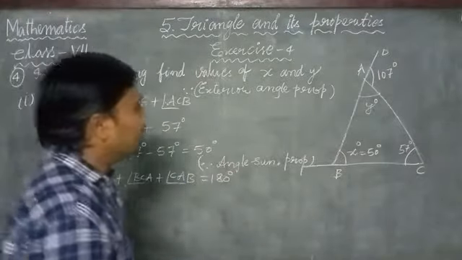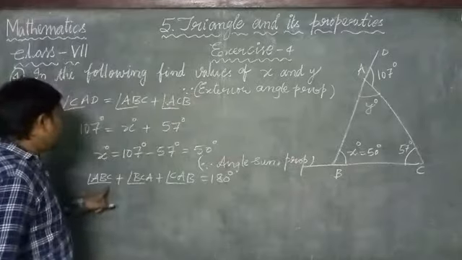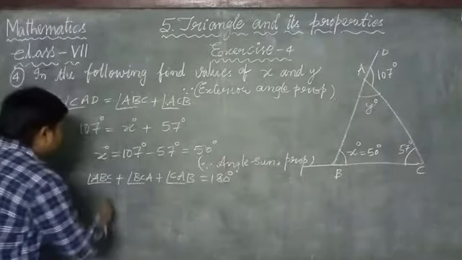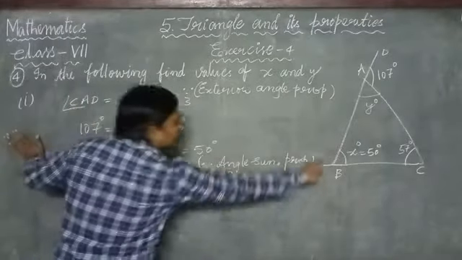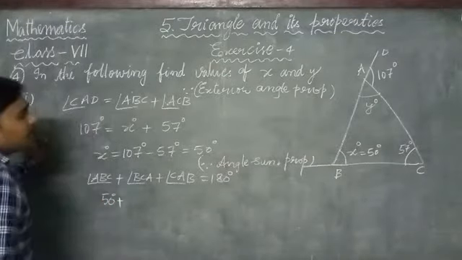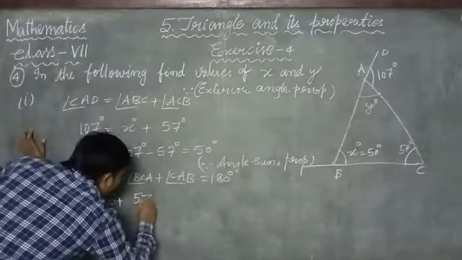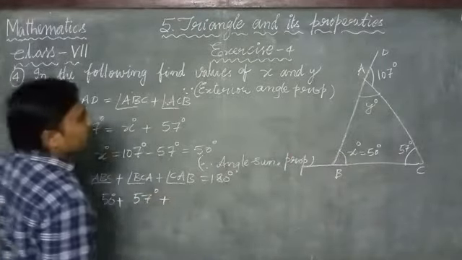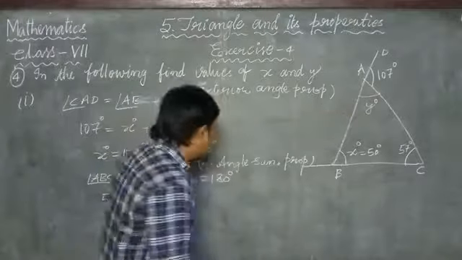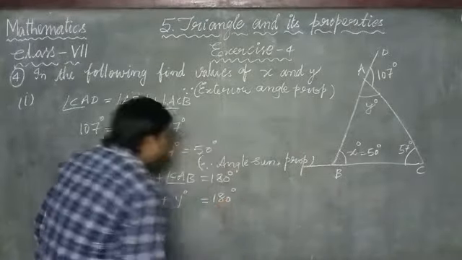By substituting the values of angle B, angle C and angle A, here angle B is 50 degrees, angle C is 57 degrees, and the interior angle A is y degrees, which equals 180 degrees.